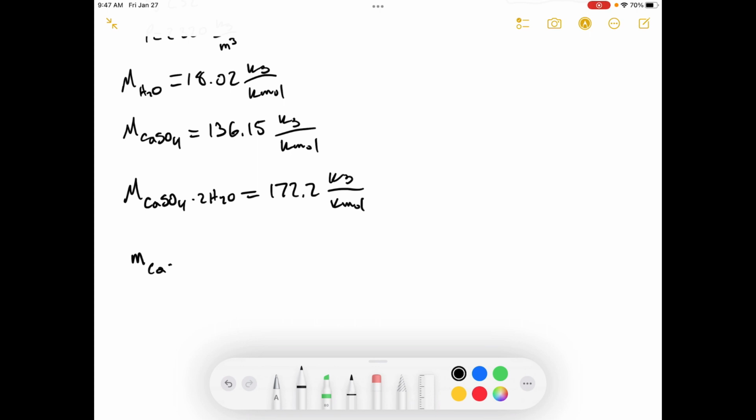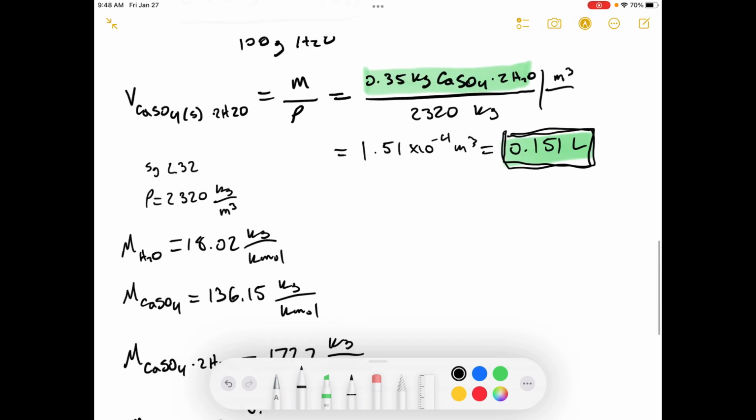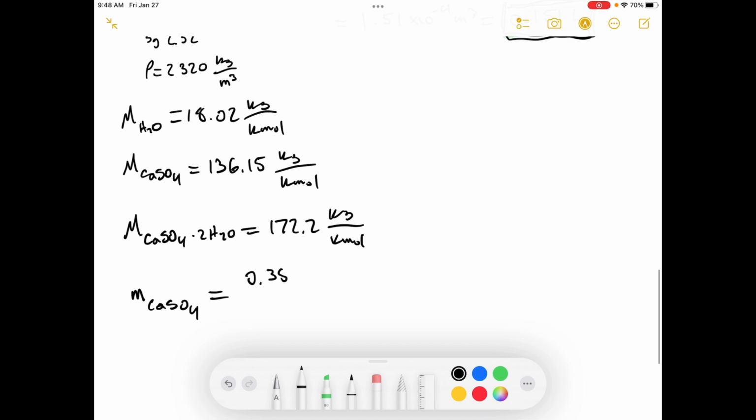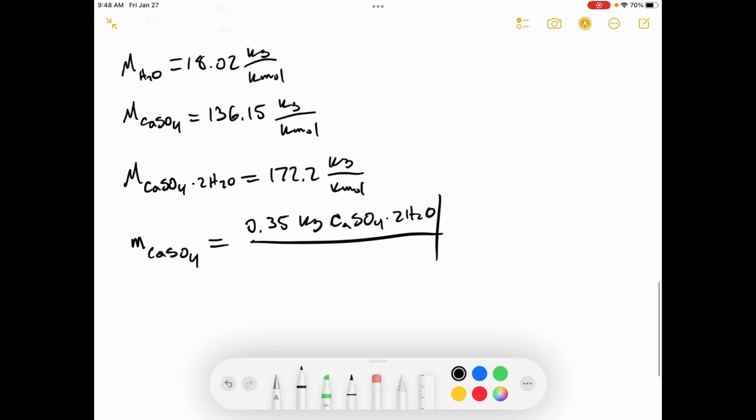Mass of calcium sulfate. So first we say, we've got 0.35 kilograms of gypsum for every, how many moles of gypsum is that? Well, 172.2 kilograms per kilomole gypsum.